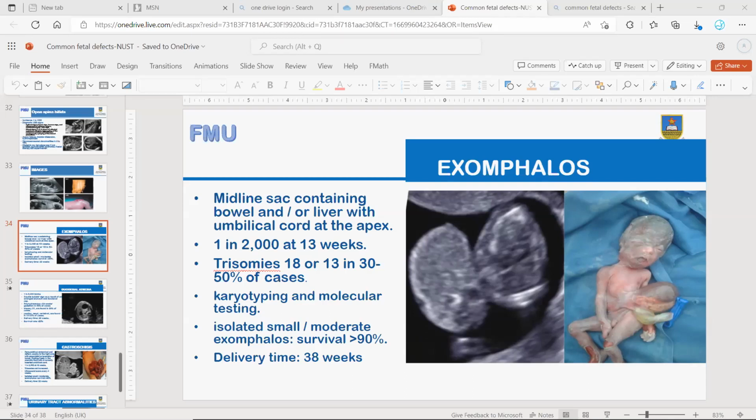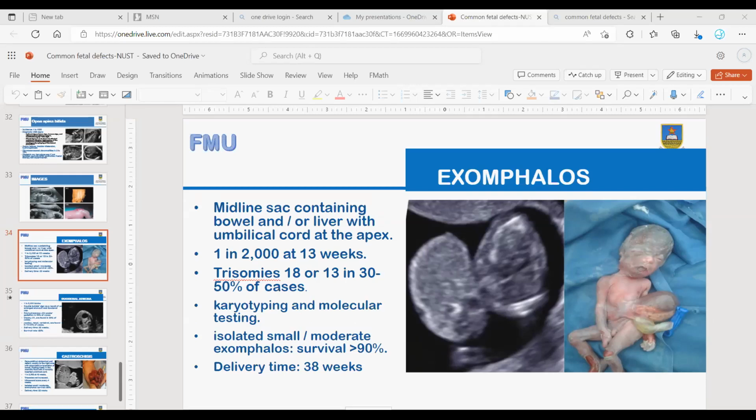So whenever we screen for exomphalos, we cannot say we have finished checking the baby without evaluating the spine. The spine of the baby has to be assessed because they have kyphoscoliosis in most of the cases. So the spine is very important to check in cases of exomphalos.